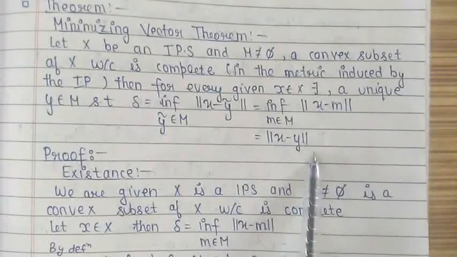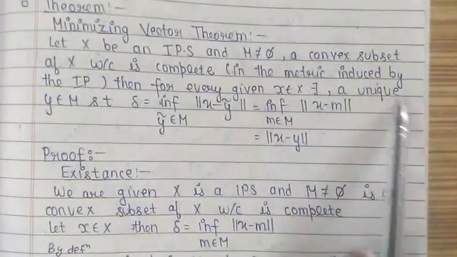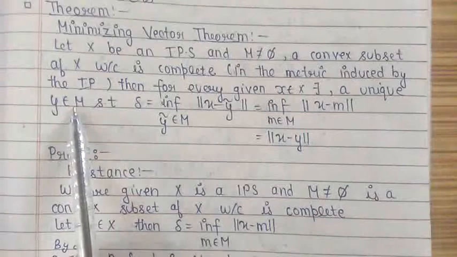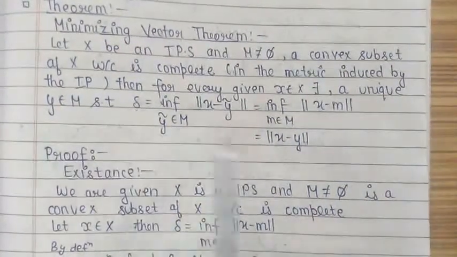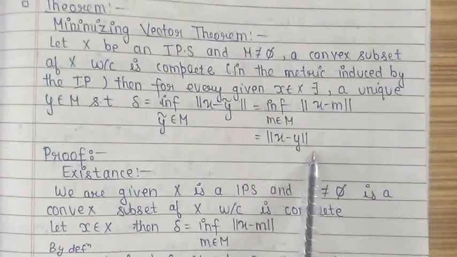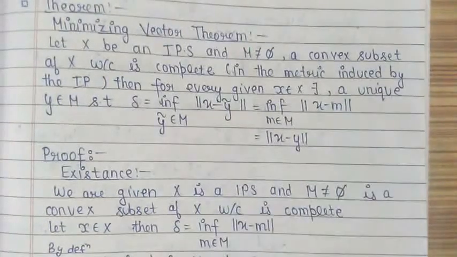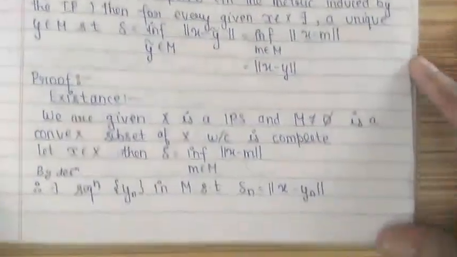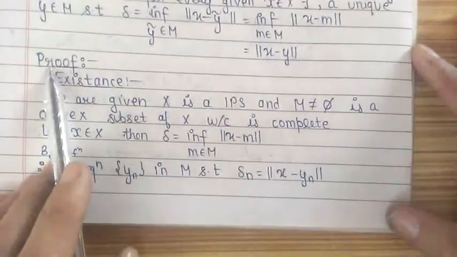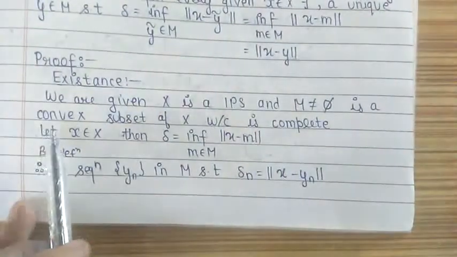So we are to prove the uniqueness of y. Firstly we will prove the existence of y, then we prove the uniqueness of y such that delta is equal to the norm of x minus y. So we have to prove this condition. This theorem is called the minimizing vector theorem. Now let us first of all prove the existence of the element y which belongs to M.